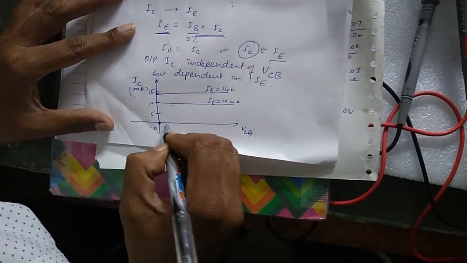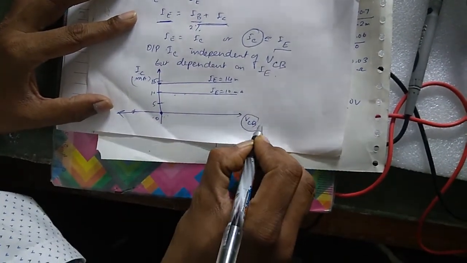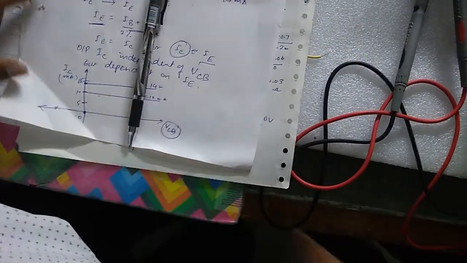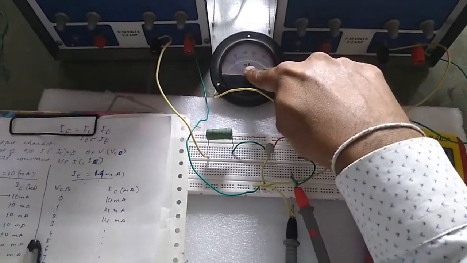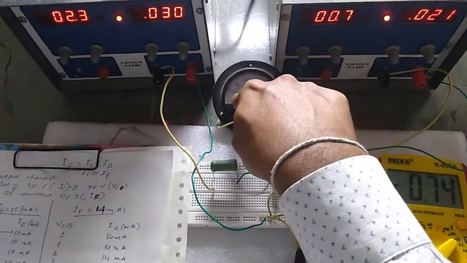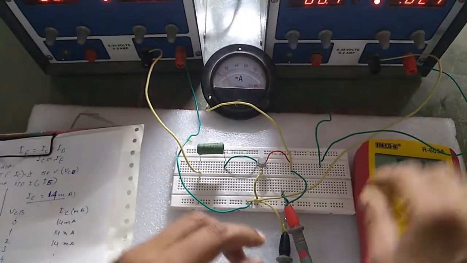Now the point is how to make this output current 0. To make this output current 0, we have to change the polarity of the supply like this. See, the current is at 0 volts. At 0 volts also the current is 14 milliamperes. Now how to make it 0? Just change the polarity.